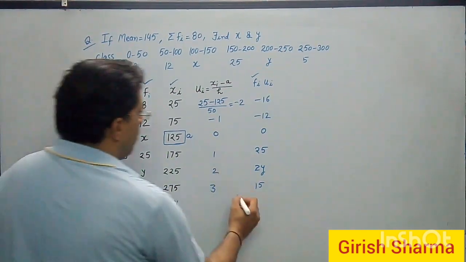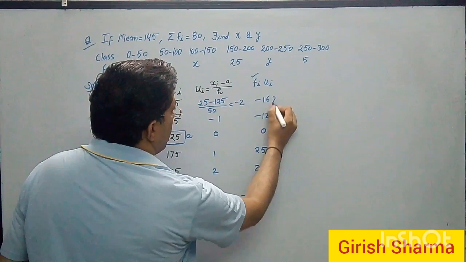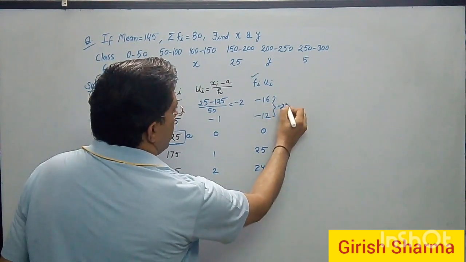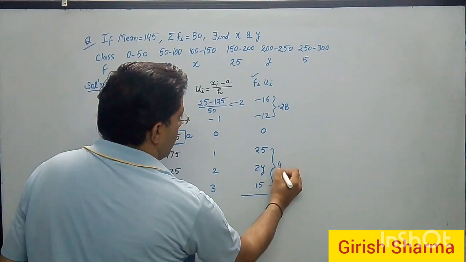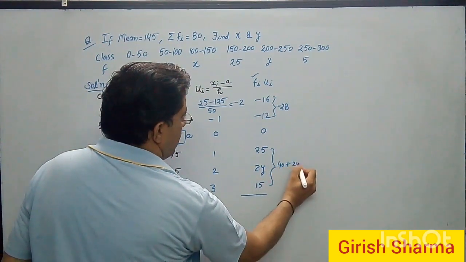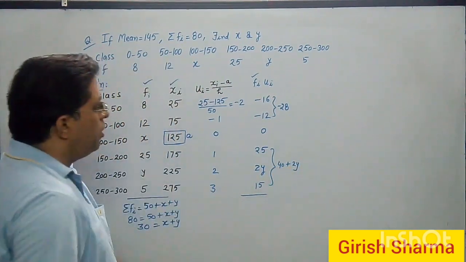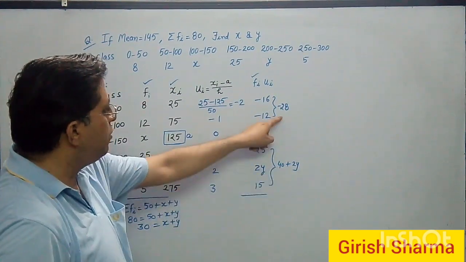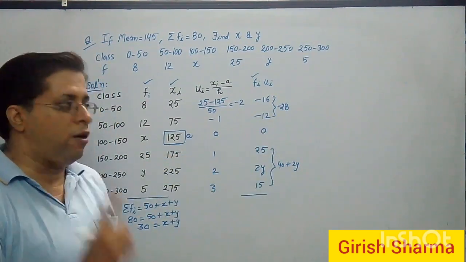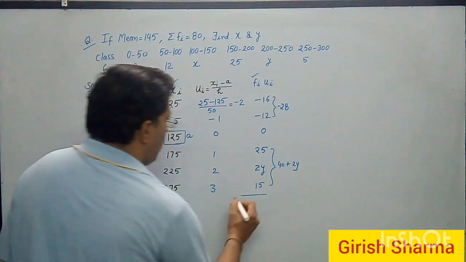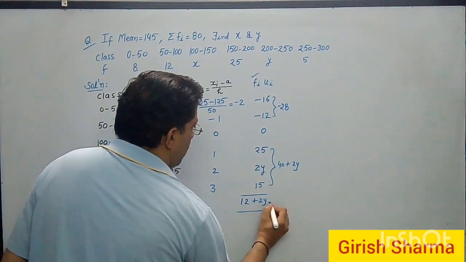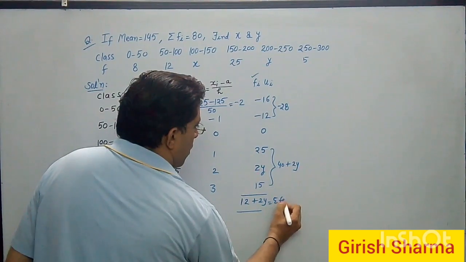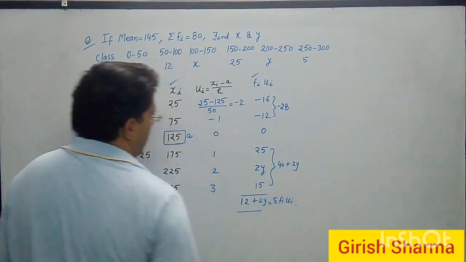Okay, then you see here, this is minus 28 and this is 40 plus 2y. If you subtract, 40 minus 28 will be 12. So 12 plus 2y, this is sigma fi ui.